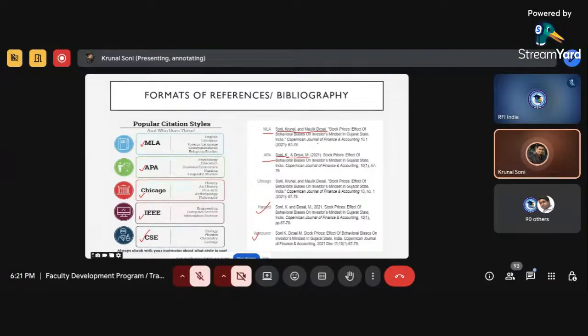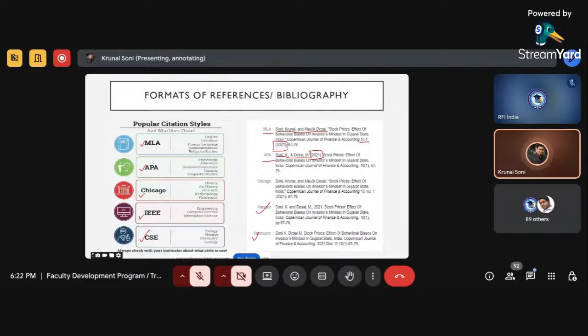And the second differentiation is, you can see in APA, you have the year of publication immediately after the names of authors are completed. And in MLA, you will see the year of publication after the volume and issue number, right? So 10 is volume and 1 is issue. In volume and issue, again, you can see the difference.